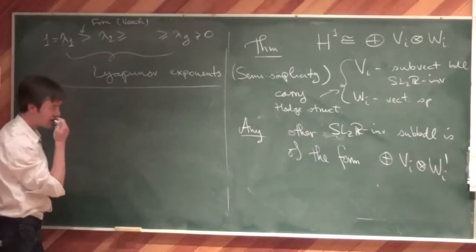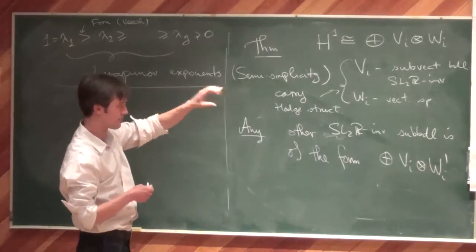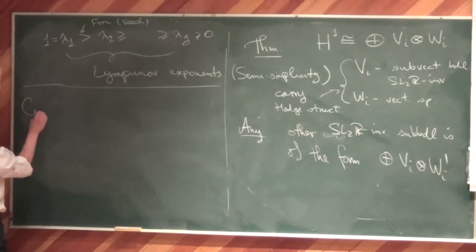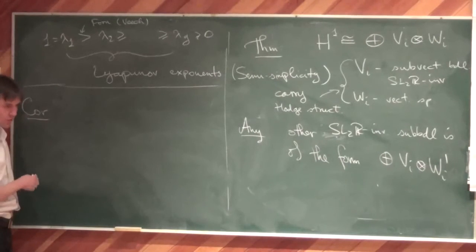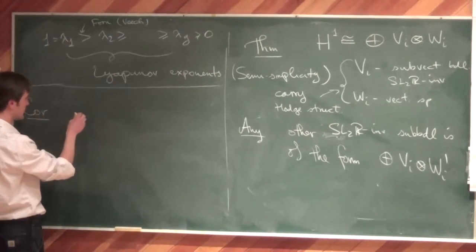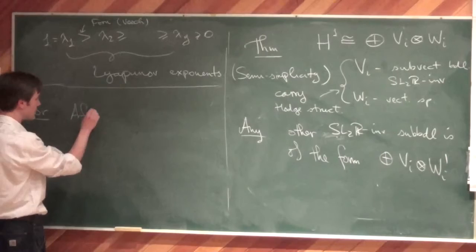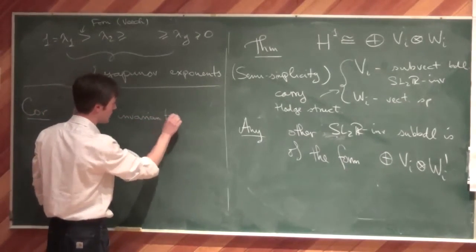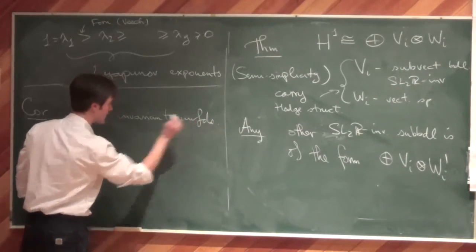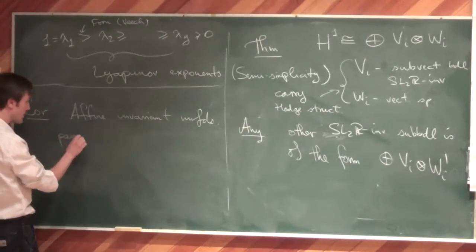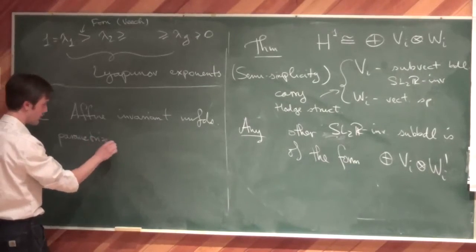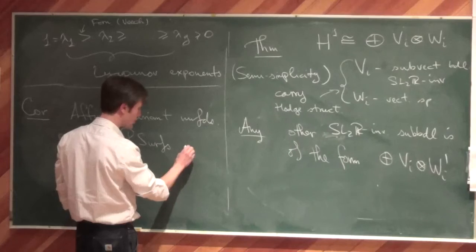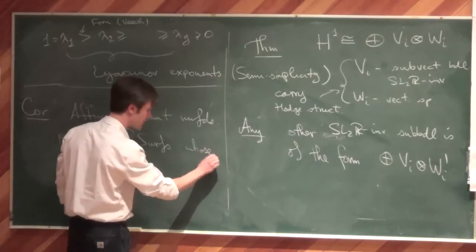There's another theorem which I want to state, which is a corollary of this kind of stuff. If you've seen Möller's papers, you know where this is coming from, but the fact is the following: affine invariant manifolds, when you look at them, parameterize Riemann surfaces whose Jacobians have real multiplication.